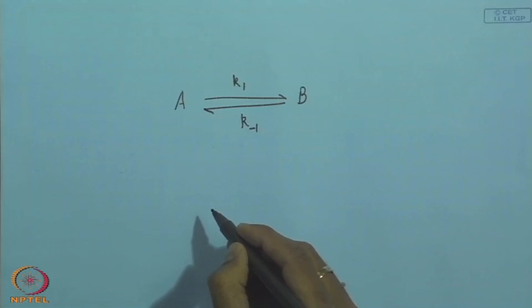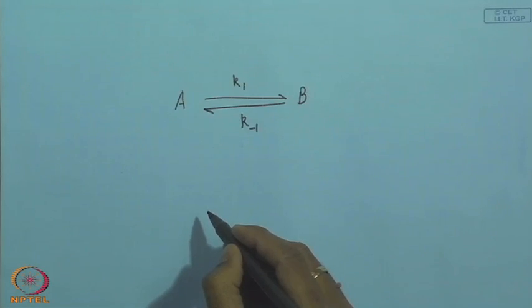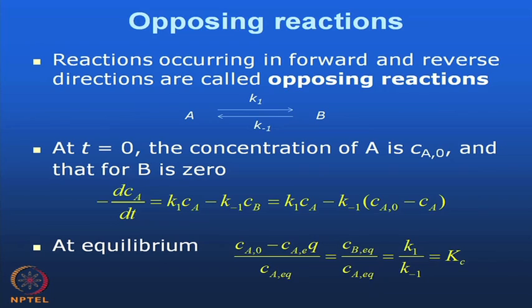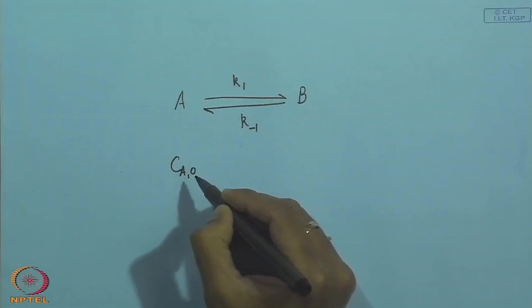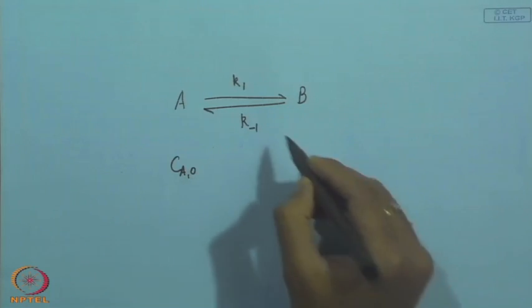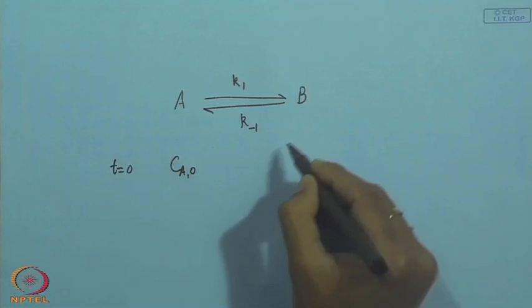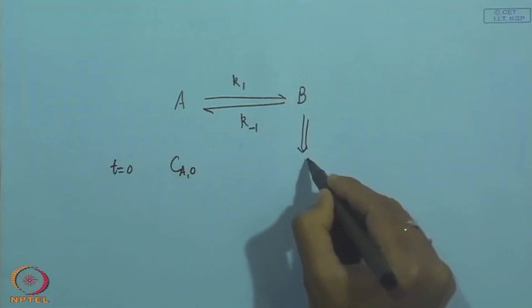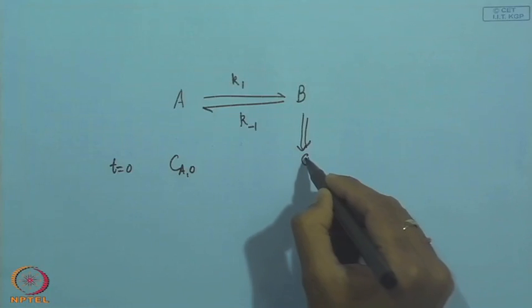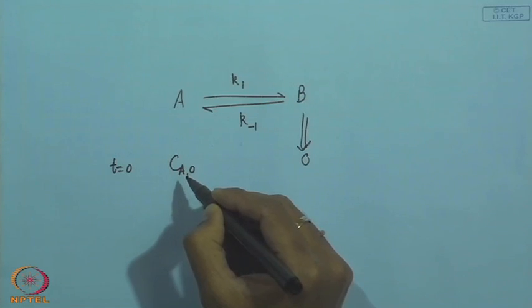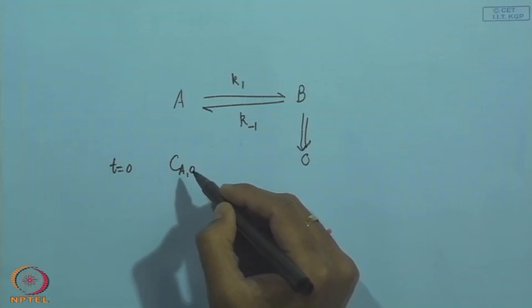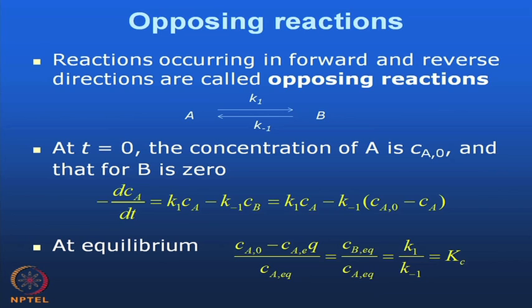So, when the reaction has just started, that is at T equal to 0, the concentration of A is Ca0, and at T equal to 0 the concentration of B will be 0, because it has not been formed, it is yet to be formed out of A. Okay? So, the rate of disappearance of A can be written in this way.